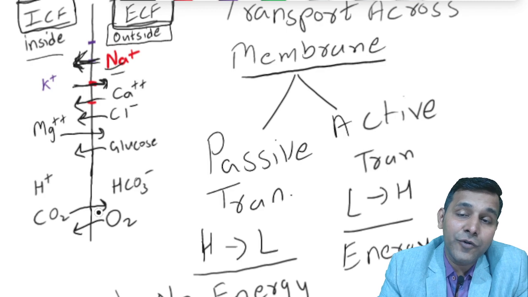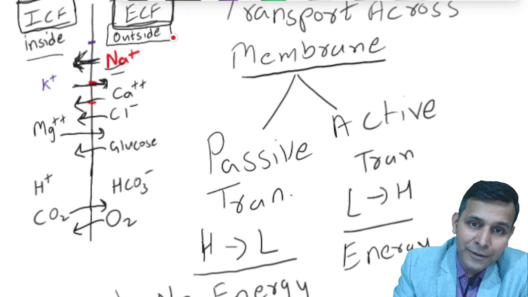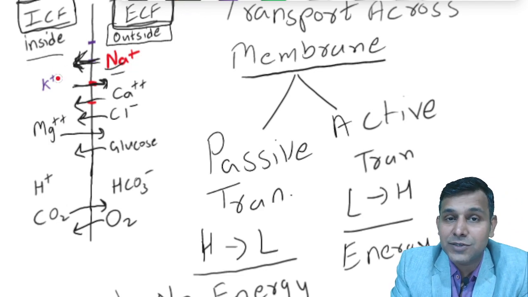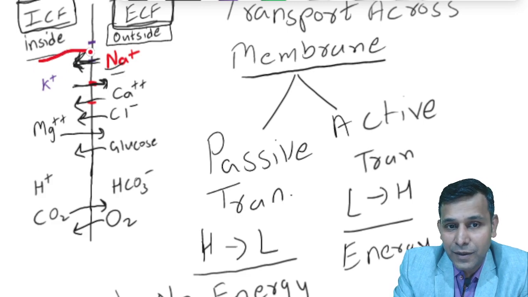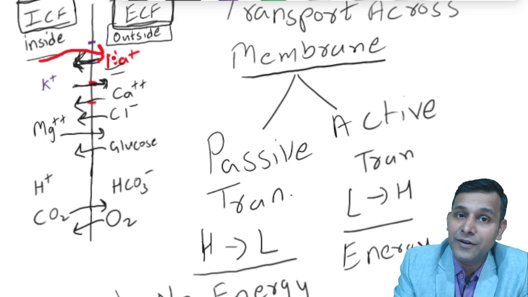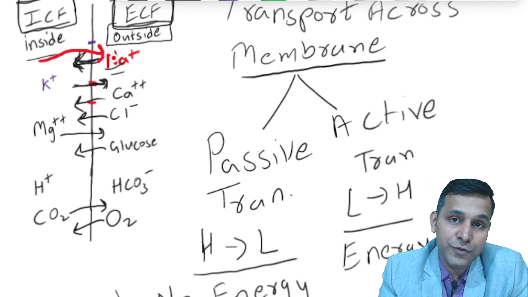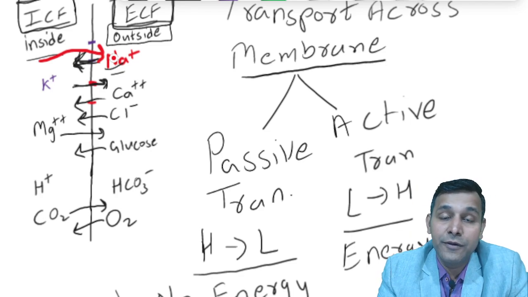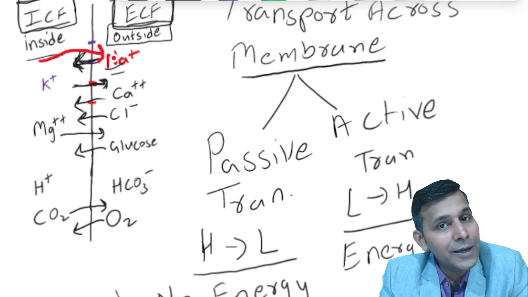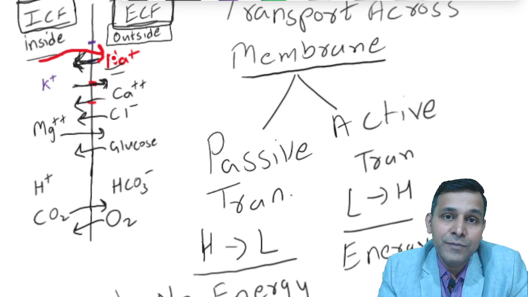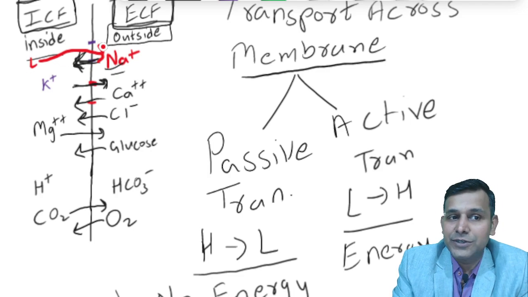What would we call an active transport here? Let us go with the same example. Suppose sodium is transported from ICF to ECF. That would be an active transport, because here the sodium is moving from lower concentration to higher concentration.